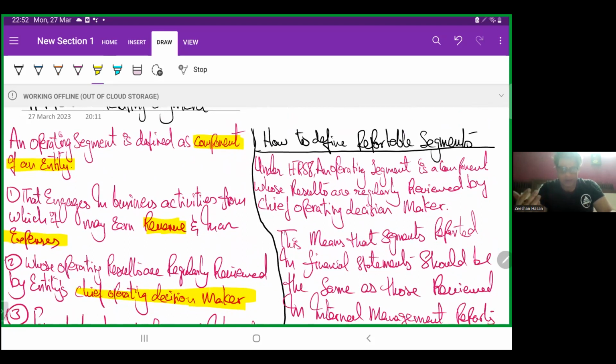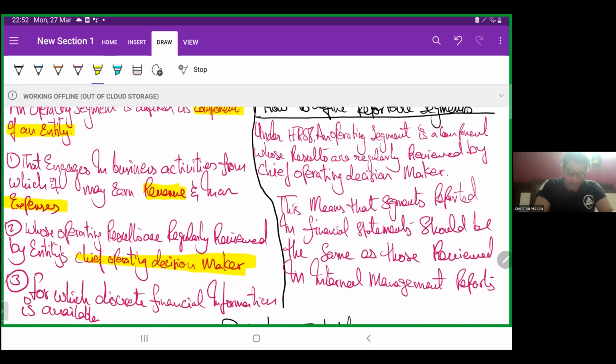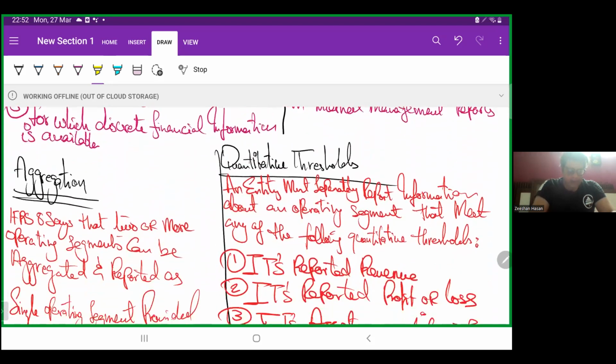reportable segments. Under IFRS 8, an operating segment is a component whose results are regularly reviewed by the chief operating decision maker. This means that segments reported in financial statements should be the same as those reviewed in internal management reports. Now, the aggregation.